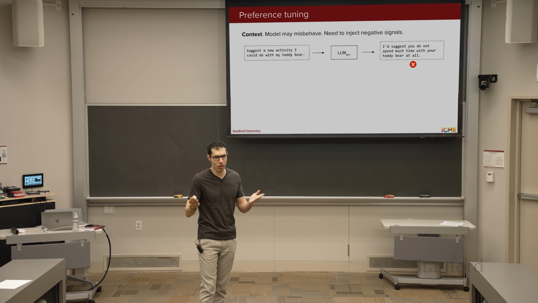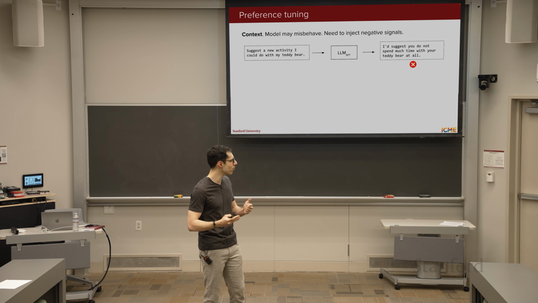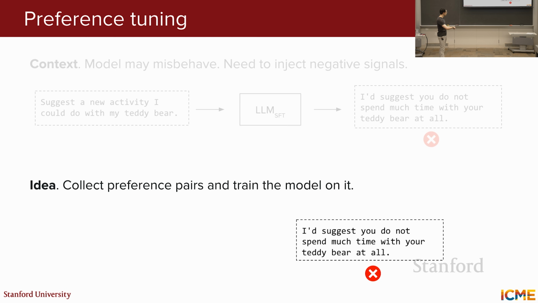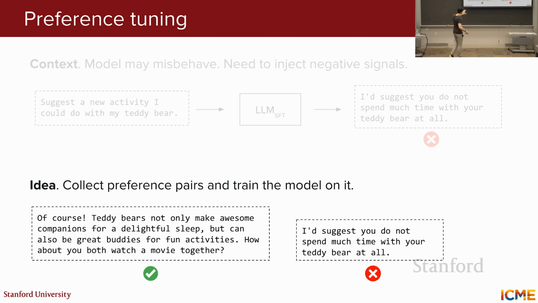This is the response of an assistant, but it's not necessarily aligned with what we want. So the idea here is to take this quote-unquote bad output and find an output or rewrite an output that we would want to have instead. This pair would be what we call a preference pair.